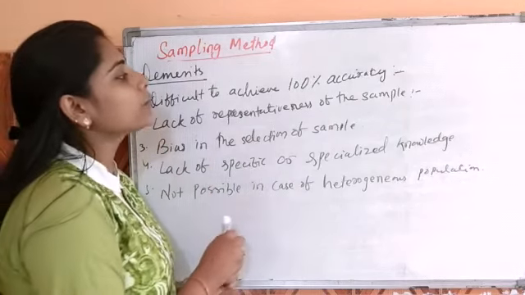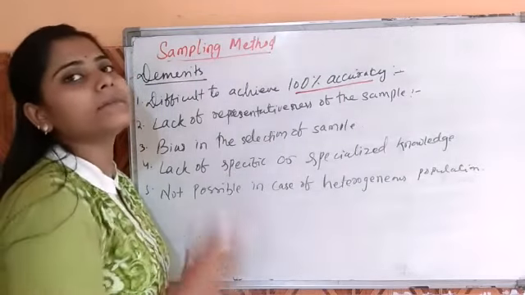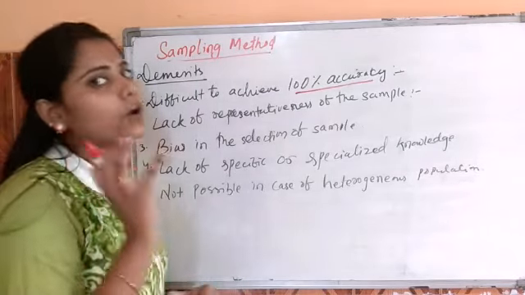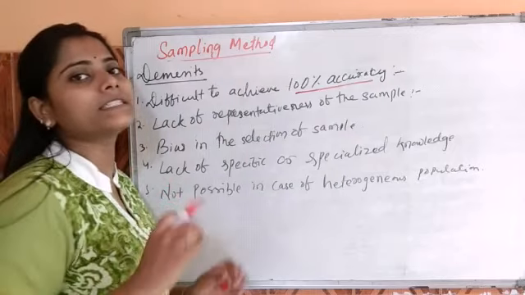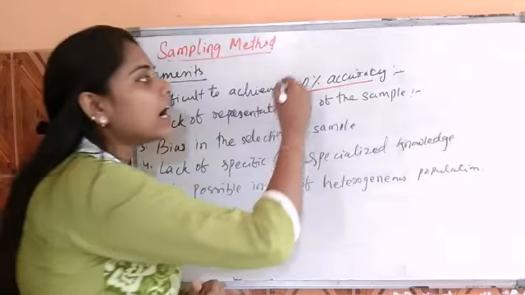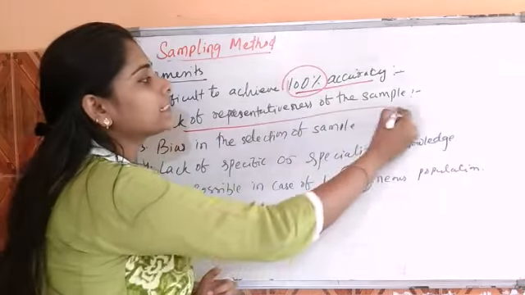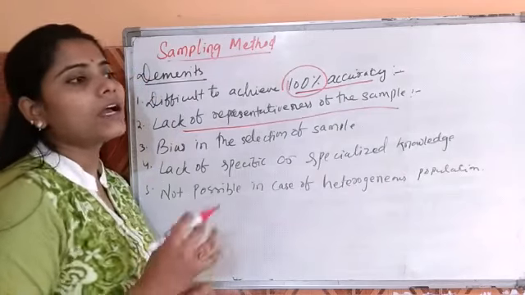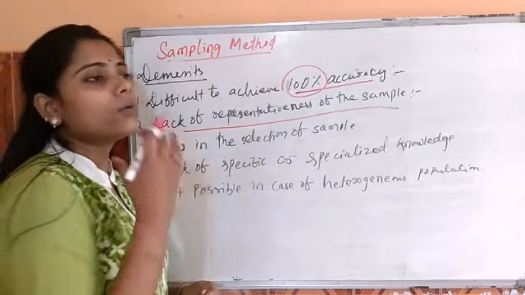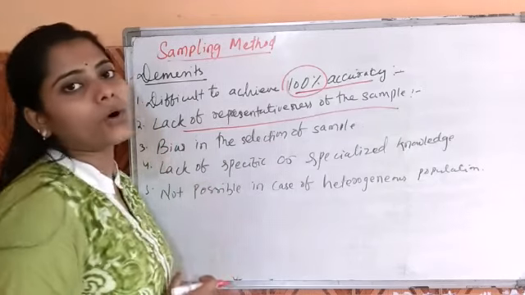First is that it is difficult to achieve 100% accuracy. As we know, the sampling method is based on the study of a small part which represents the whole population, so it is difficult to achieve 100% accuracy. The next is lack of representativeness of the sample. Sometimes the sample we collect does not represent the whole population.